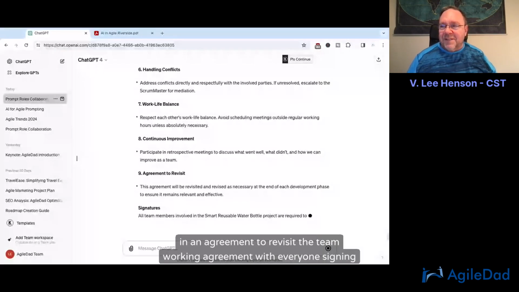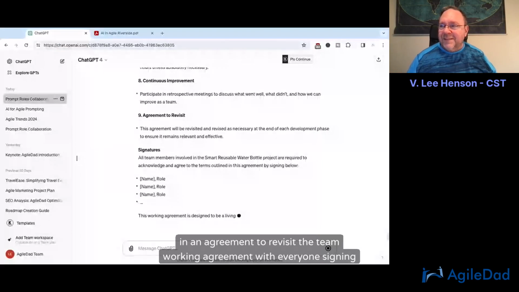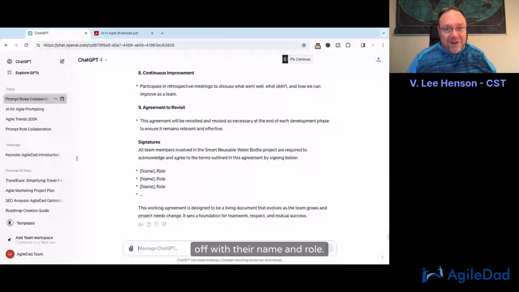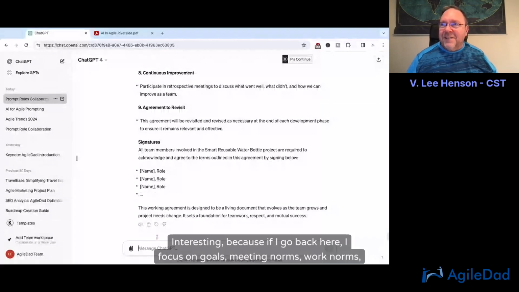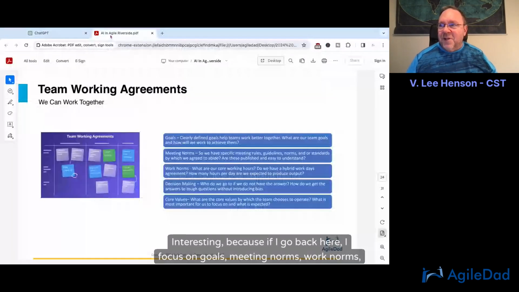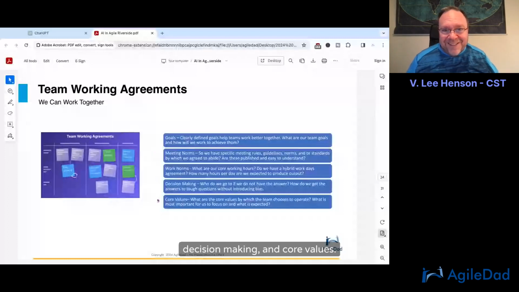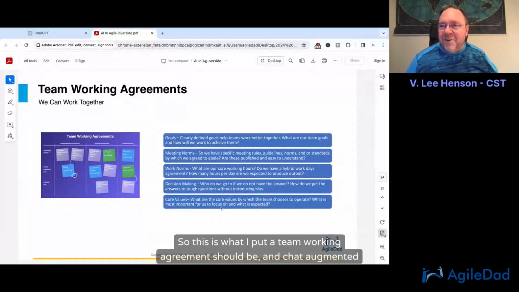In an agreement to revisit the team working agreement with everyone signing off with their name and role. Interesting, because if I go back here, I focus on goals, meeting norms, work norms, decision-making, and core values. Isn't that crazy?